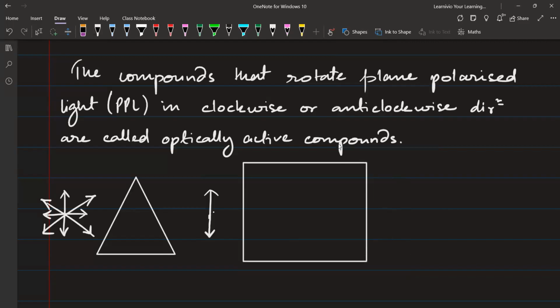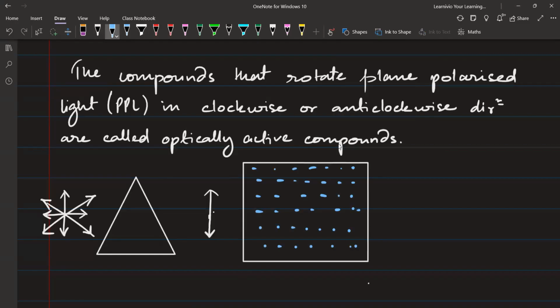If you pass this particular light through an optically active compound, let us suppose this is a solution of optically active compound.